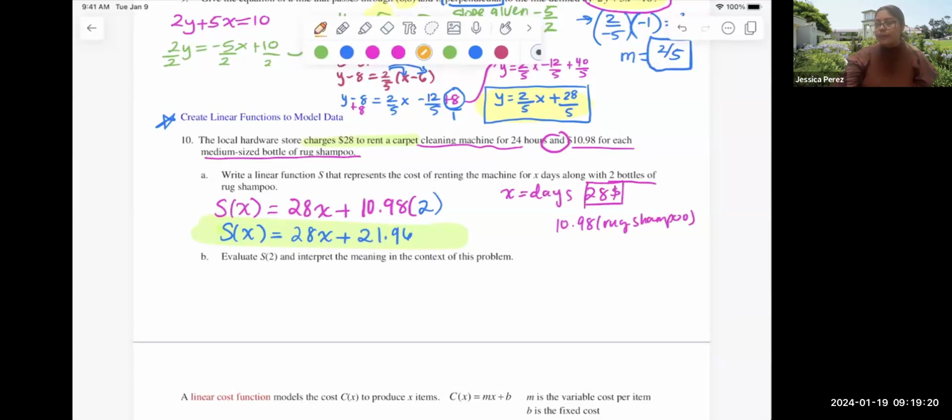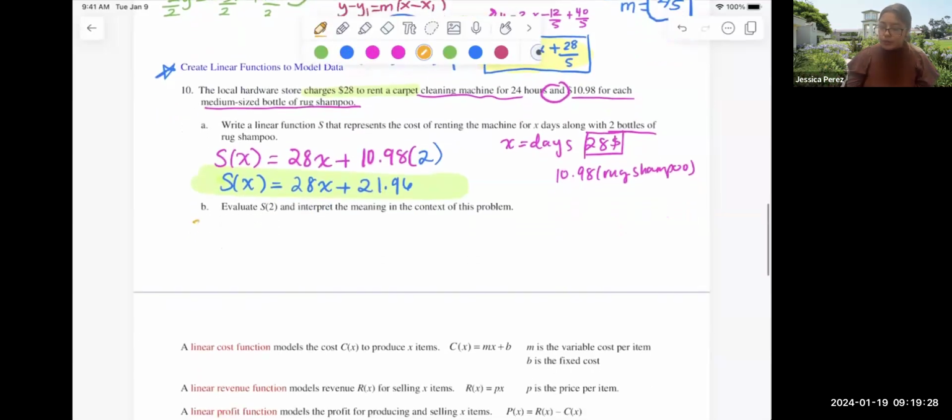All righty. The next part, it says now we want to evaluate, meaning that x is equal to 2. So it's 2 days, and you're substituting it into the linear function, S of 2. So you're going to get 28 times 2 plus 21.96.